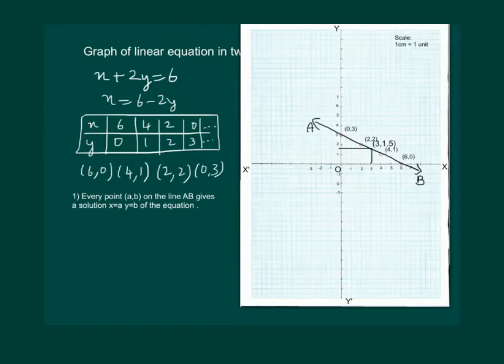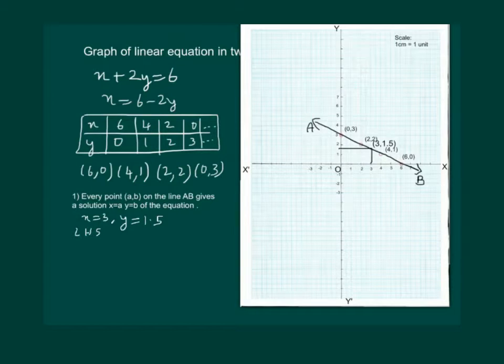From the graph we can see that the coordinates of this point are 3 and 1.5. Now let us check whether x equal to 3 and y equal to 1.5 is the solution of x plus 2y equal to 6. So let us substitute x equal to 3 and y equal to 1.5 in the left hand side of our equation.